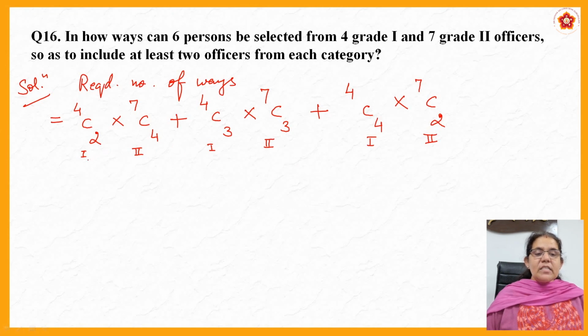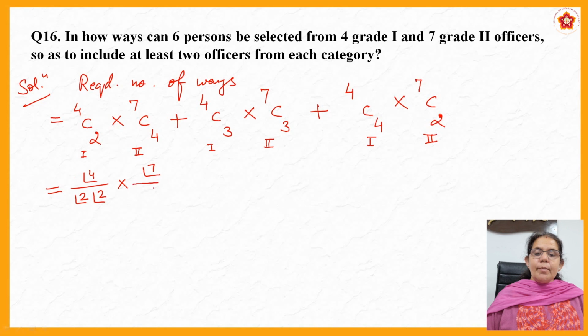So in these 3 cases, the condition that 2 officers from each category should be there is being fulfilled. Now you have to just solve the combinations which we have formed. Just solve it yourself.